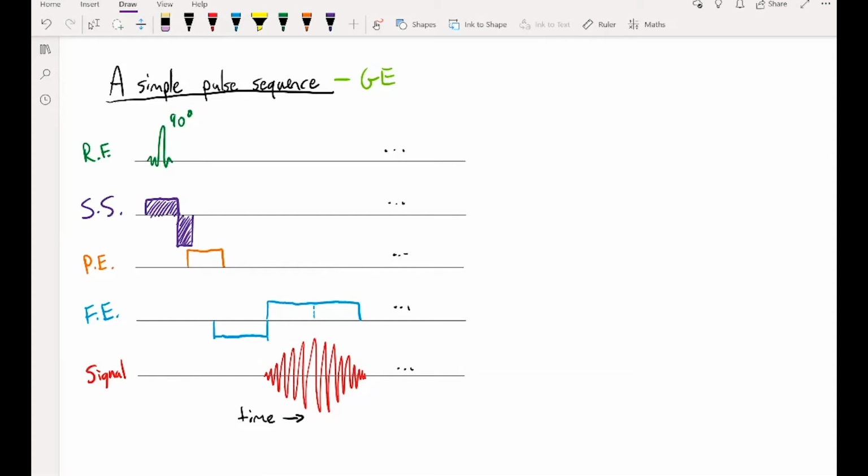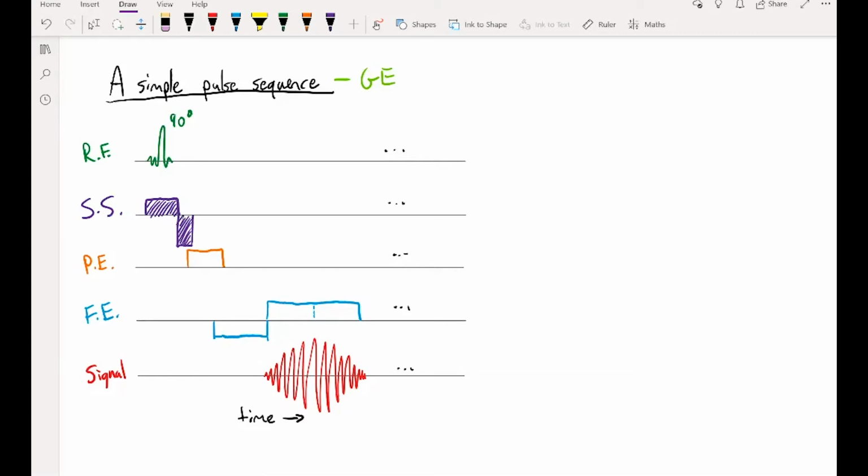This is done on purpose in order for some phase differences to be accrued in the negative x direction, and then that phase encoding is reversed during our readout, and then every part of our signal is in phase again at the middle of our frequency encoding gradient and our signal readout, and then things dephase again on the negative lobe.